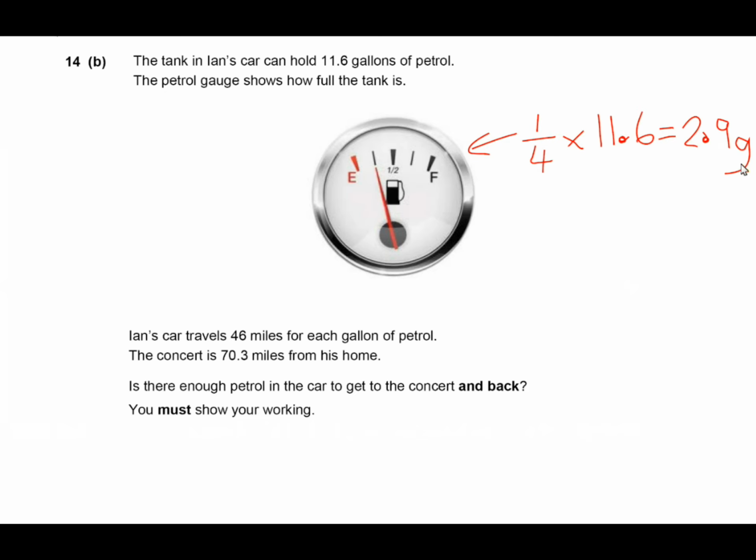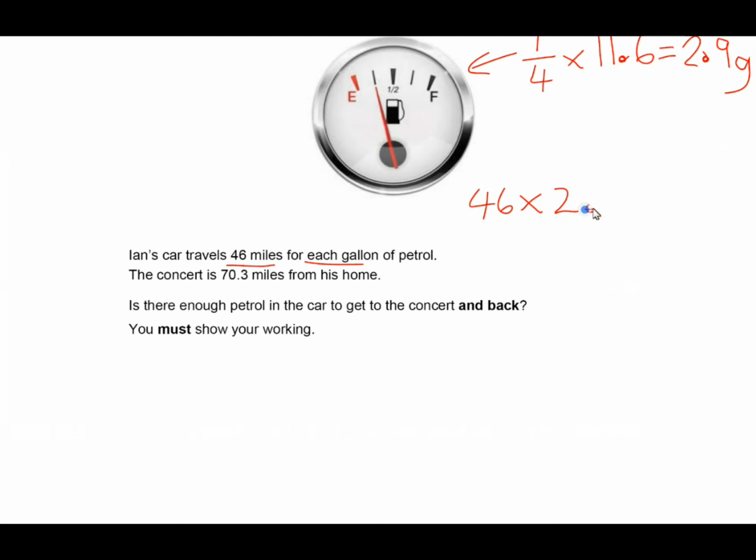Okay, so he's got 2.9 gallons in his tank, and Ian's car travels 46 miles for each gallon. So 46 times the 2.9 gives him a range of 133.4 miles.